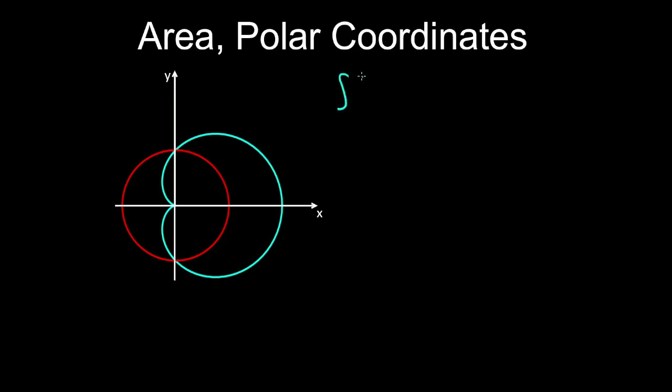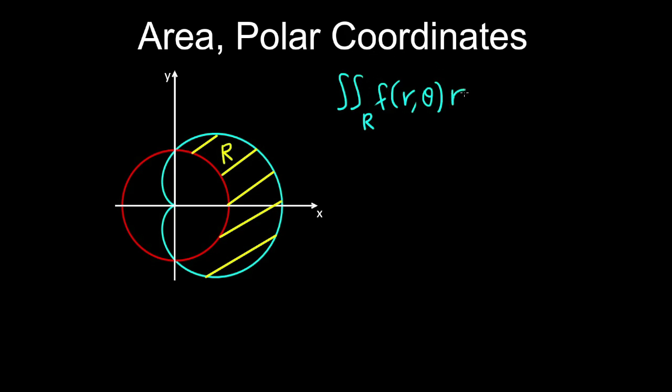Given the double integral of a function of the polar coordinates r and theta over the region R, bounded by polar curves, so in polar form, we had the integral of the function multiplied by r, integrated over r and theta.